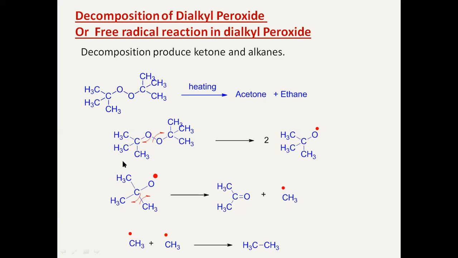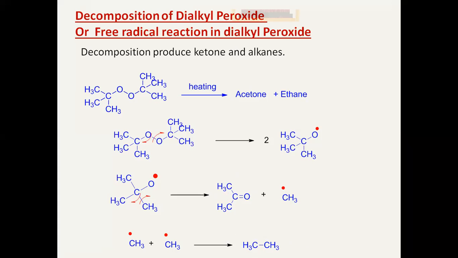So one tertiary butoxide radical produces one methyl radical and one acetone. So two tertiary butoxide radicals will definitely produce two methyl radicals, right? Yes, and two acetone. These two methyl radicals combine and form ethane.